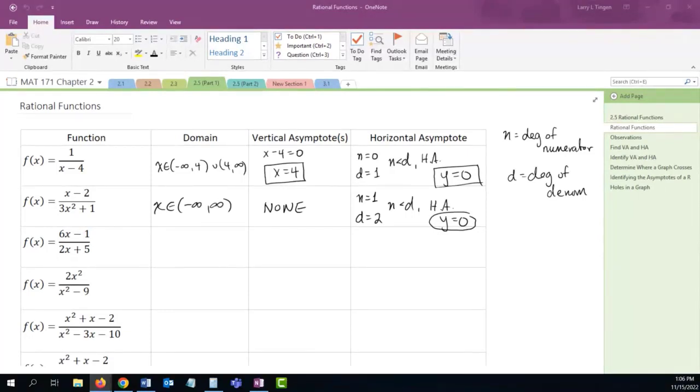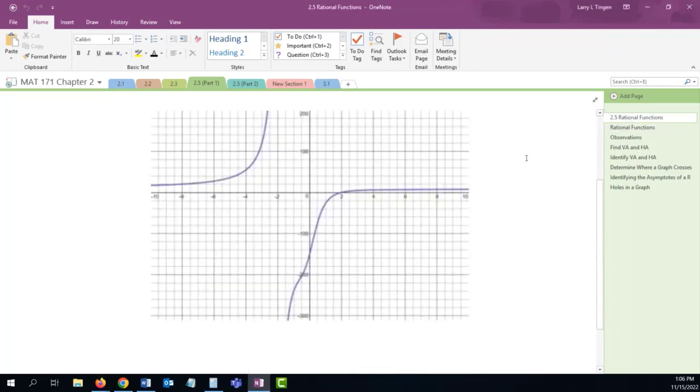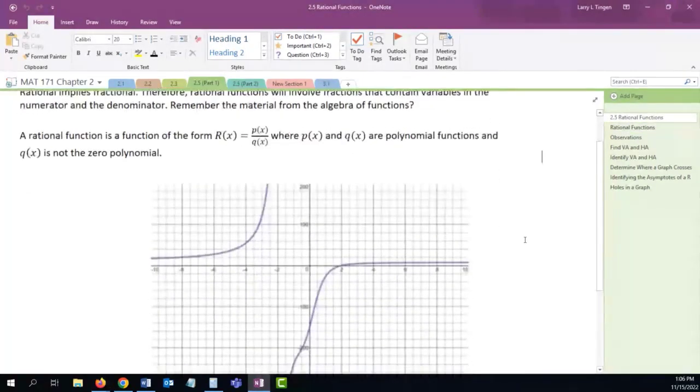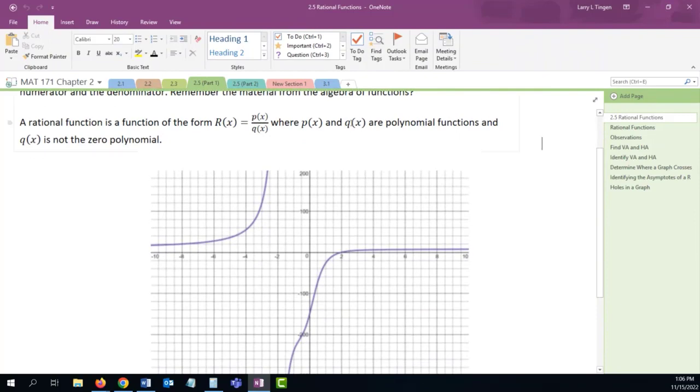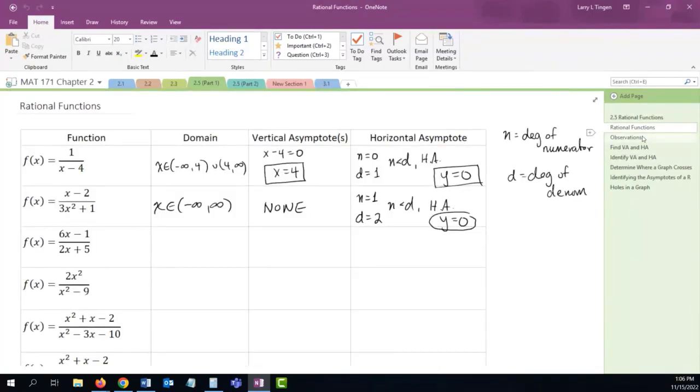Let's remember where we are. We're talking about rational functions. So I've got a rational function. It's got polynomials in the numerator and denominator, and the denominator polynomial function is not allowed to be 0 because it would cause division by 0.